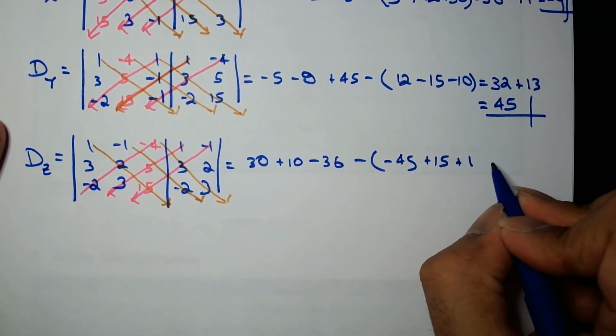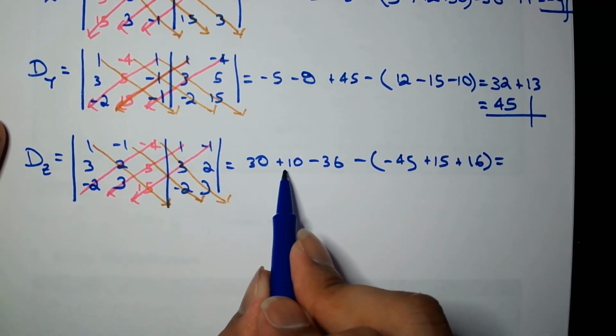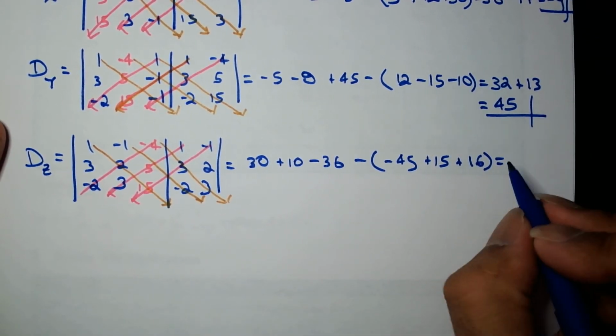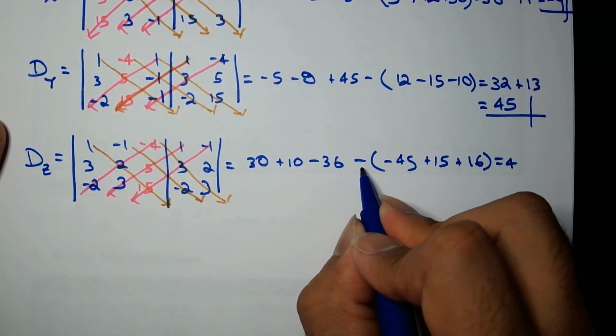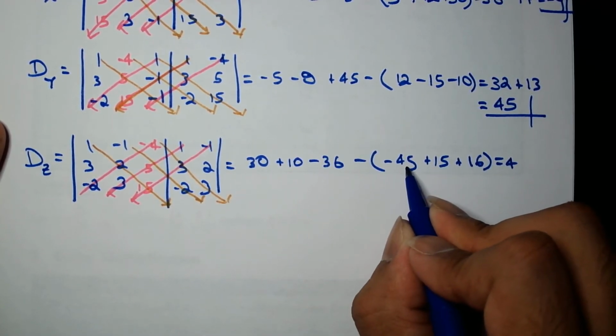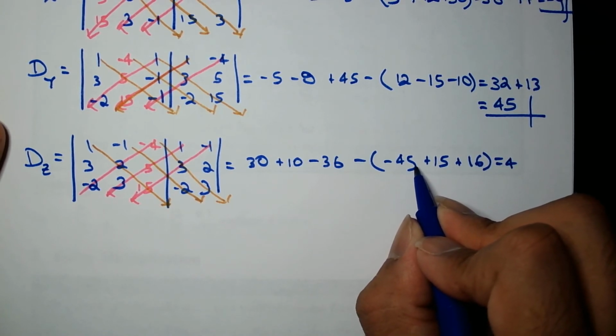So this will be equal to 30 plus 10, which is 40, minus 36, that's going to give us 4. Minus, in this case, careful, because 16 plus 15 minus 45 is going to give us negative 14.